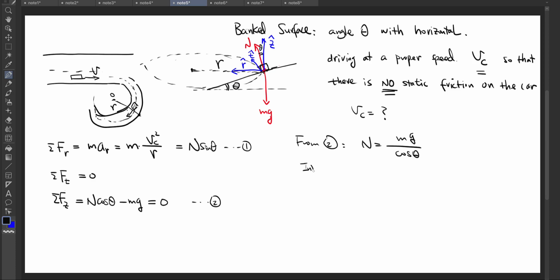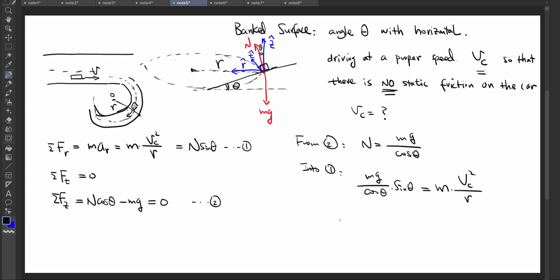Now let's substitute into equation 1. We have normal force times sine theta equals mg cosine theta times sine theta, equals m Vc squared over r.